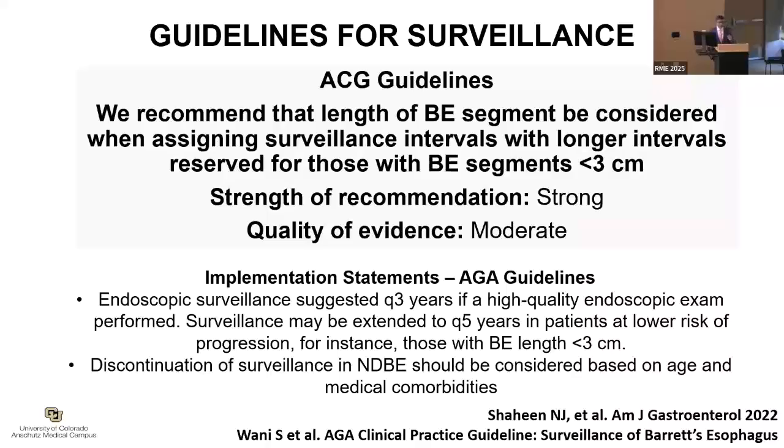One risk factor that you can use in your clinical practice is the length of the Barrett segment. Our guidelines state that if you have a Barrett segment that's 3 centimeters or longer, these patients should be brought back every 3 years. For patients with Barrett's length less than 3 centimeters, these patients could be brought back every 5 years.